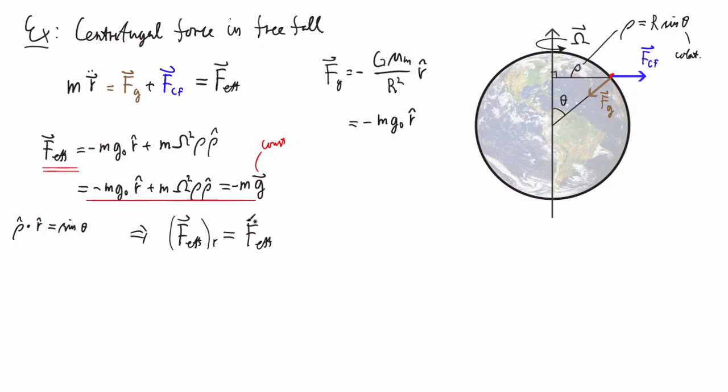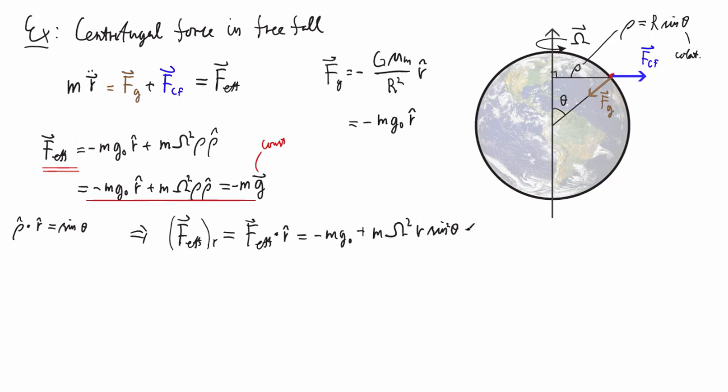That's F effective dot r hat. That is minus mg naught plus m omega squared times rho, which is R sine theta. And then we have another sine from there, so it's actually sine squared theta.